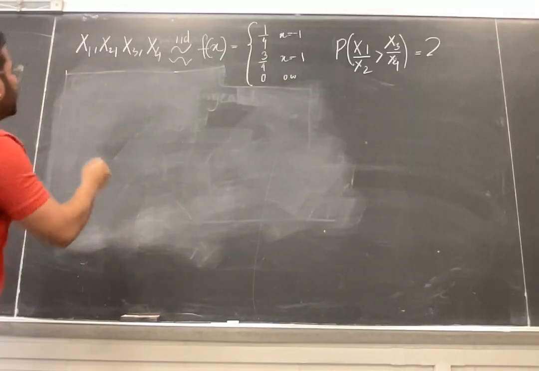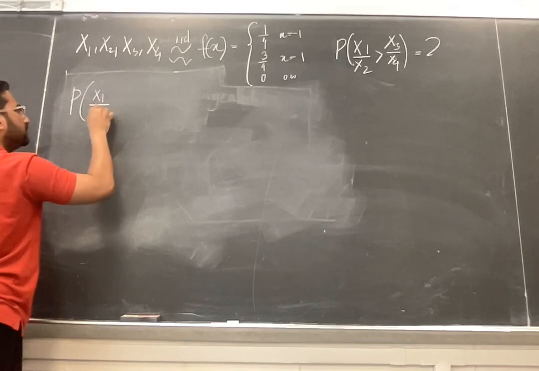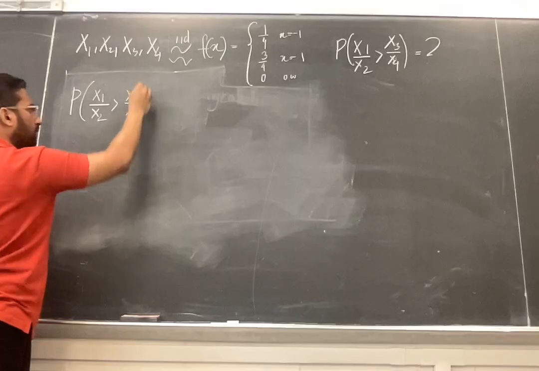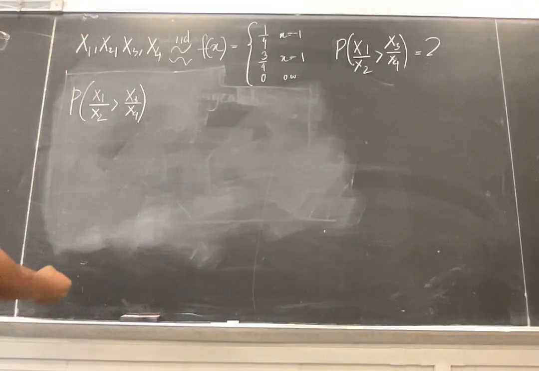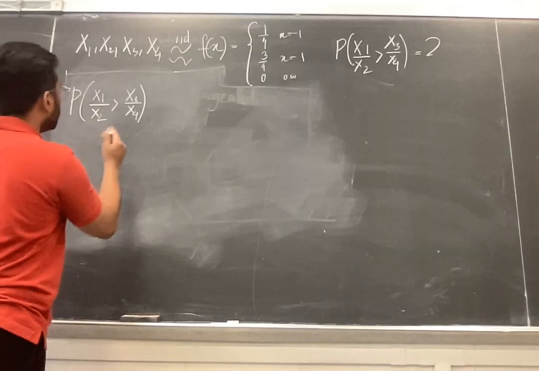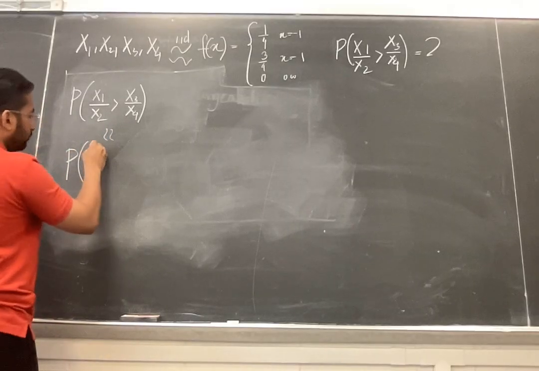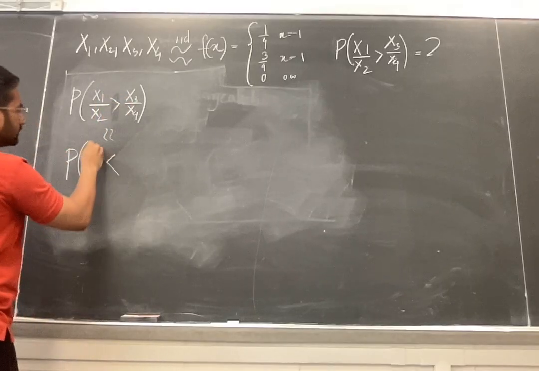So we are required to find the probability that x1 by x2 is greater than x3 by x4. If you think for some time, you will see that if you can permute, this will be similar to the reversed inequality, and we will do that math fully.